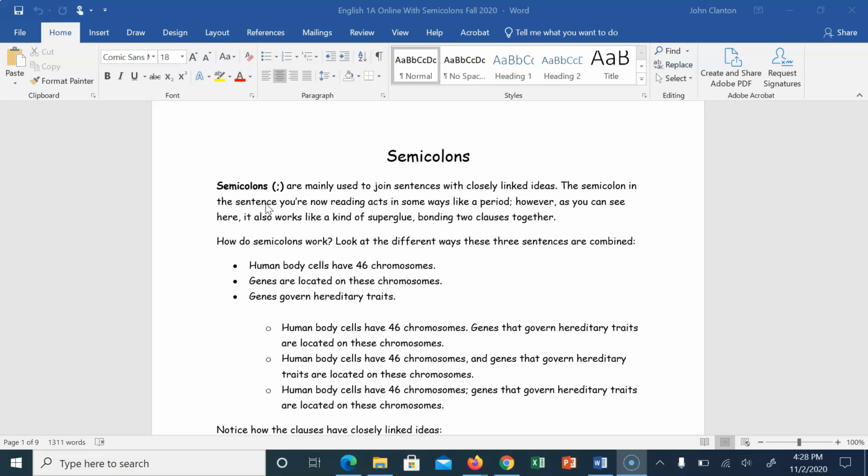So that's important, right? As a reader, when I see a semicolon, that signals to me that the writer is going to add some more information to the sentence that they just used. So it's kind of like a visual cue. All right?